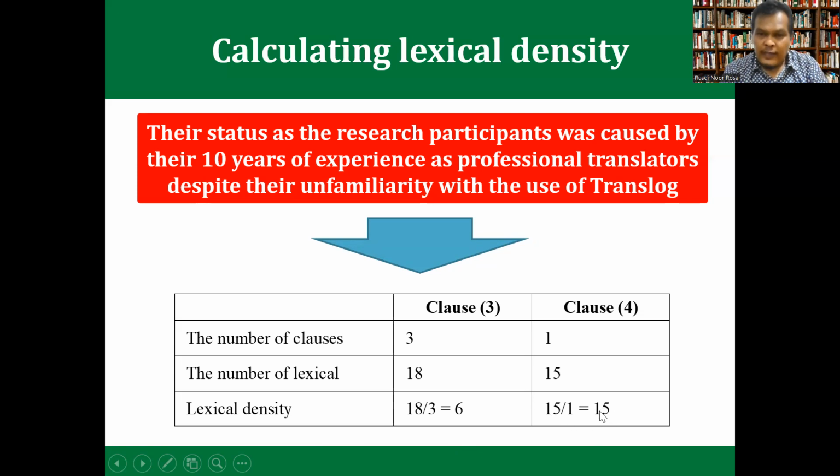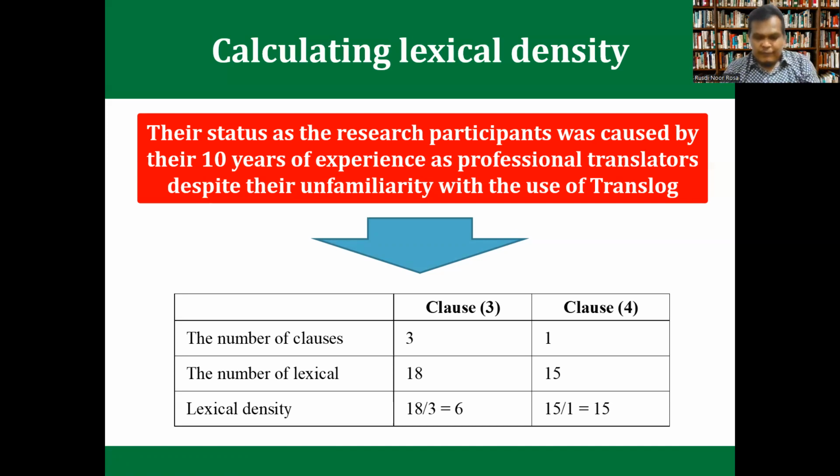So we have here 15 lexical items in one clause. And you see that the clause is very dense. We have 15 lexical items in one clause. Meanwhile, in the congruent form, we have only 6 lexical items in each of the clauses.